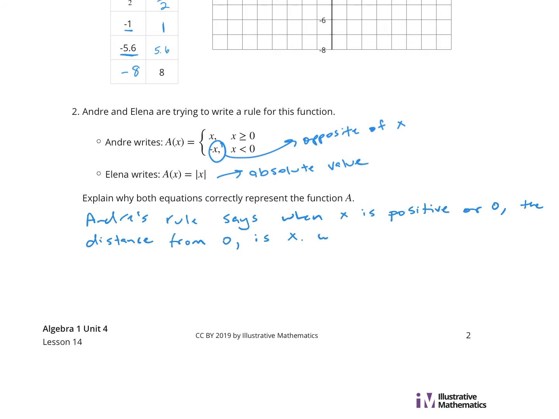When x is negative, though, the distance from 0 is the opposite of x.